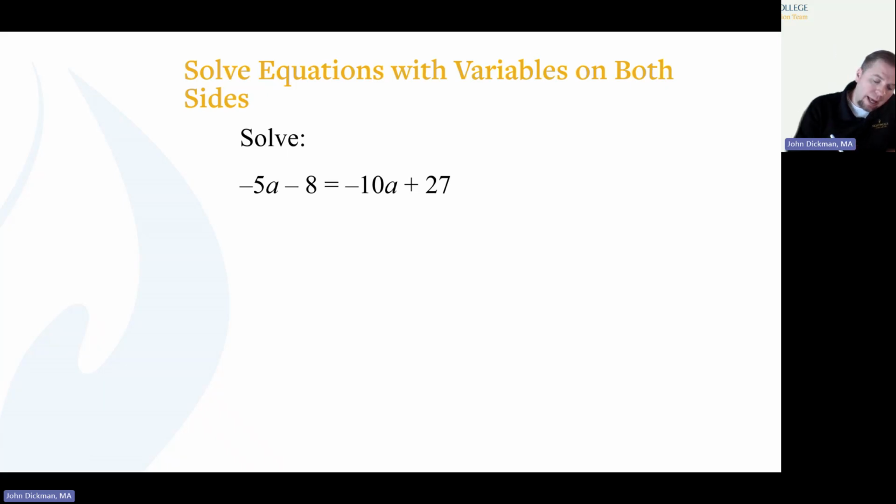I'm going to opt to add 10a to both sides of the equation. And the reason I'm doing this is because -5a plus 10a is going to give me a positive value of 5a. And again, that's what I'm trying for here, is a positive coefficient.